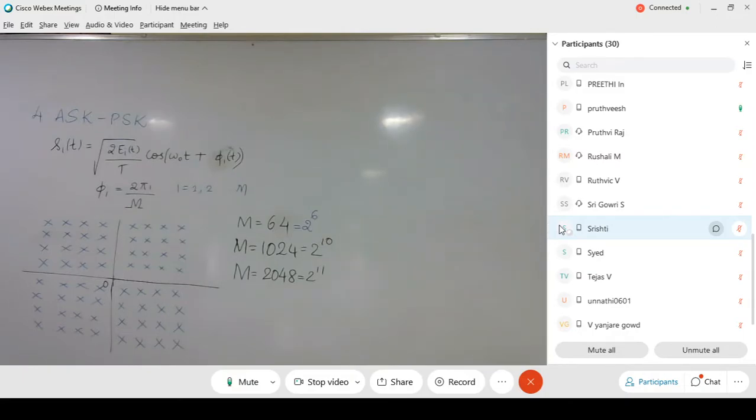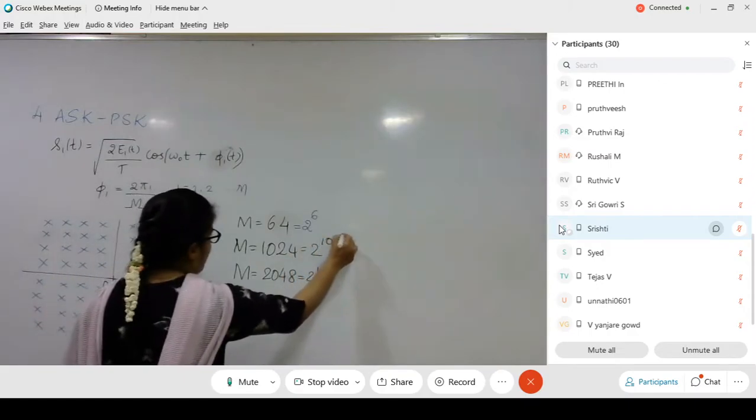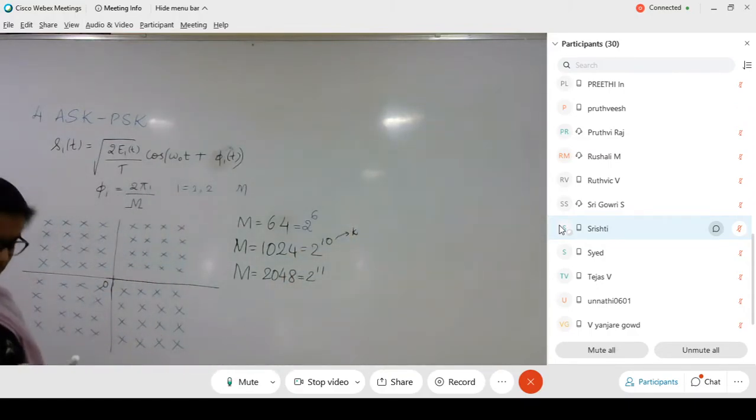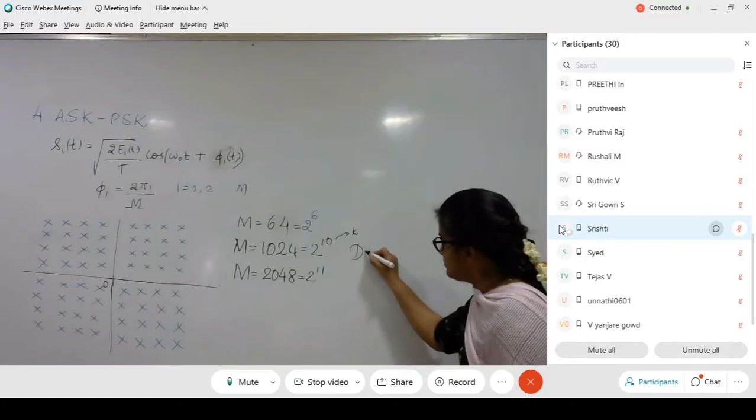I'll give you the answer for this. The reason to go with higher values of k, or higher values of bits, or higher values of M, is that as and when we go from one technology to the other, what we are trying to improve is the data rate.